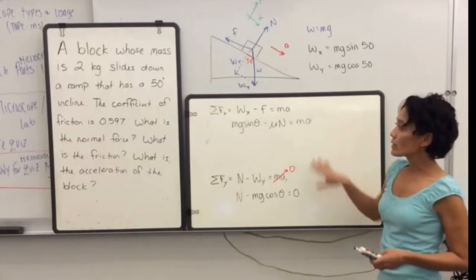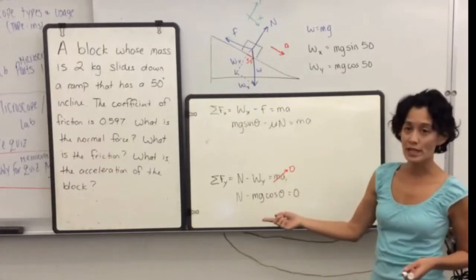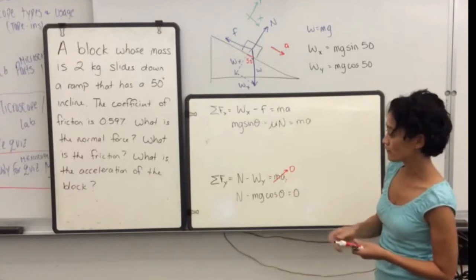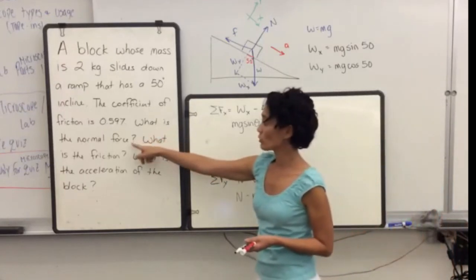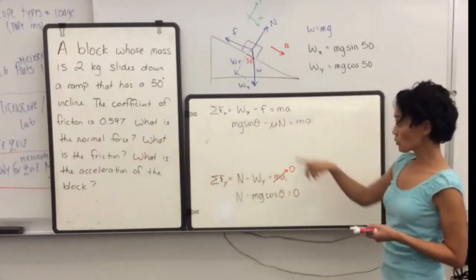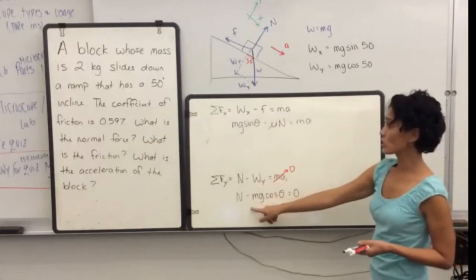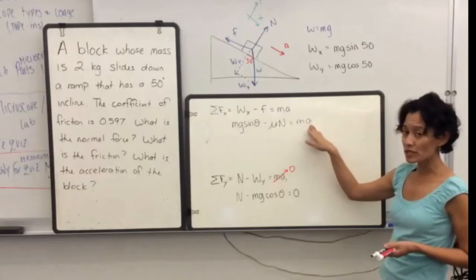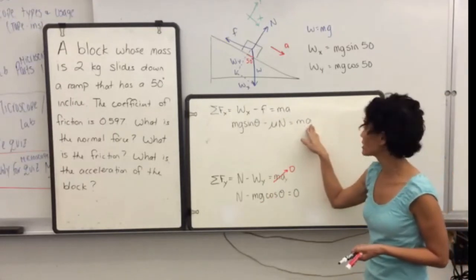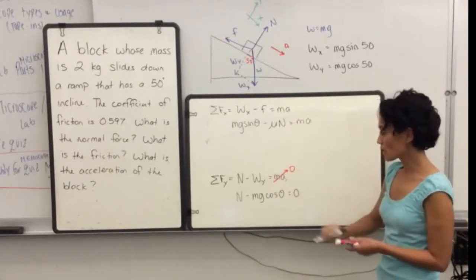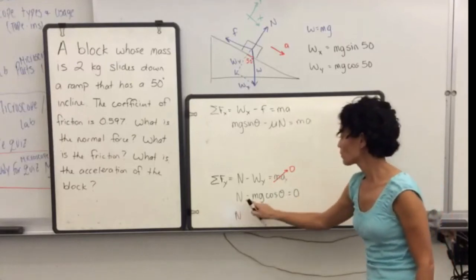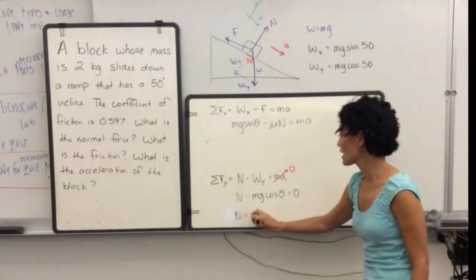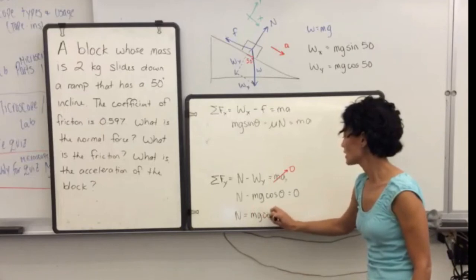So now that I have my equation set up, let's look at what the problem is actually asking for. And the first thing it says is, what is the normal force? And so normal force is actually here and it's here. But in this equation, I don't know normal force and I don't know the acceleration, so I cannot use this equation to find my acceleration. So I've got to come down here and say, oh, well, normal force, if I bring that to the other side, normal force is equal to mg cosine of theta.